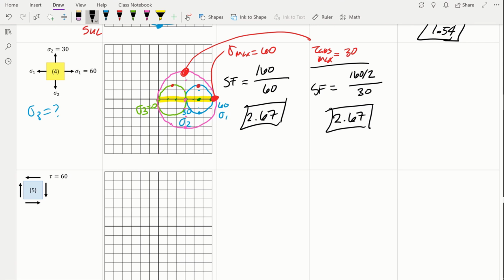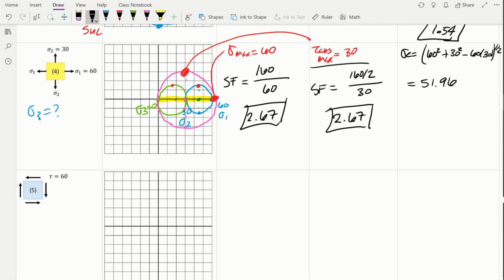Lastly, let's calculate the equivalent stress, right? Remember the equation is sigma 1 squared, so in this case 60 squared, plus sigma 2 squared, which in this case is 30 squared, minus sigma 1 times sigma 2, everything to the 1/2 power. So if I did this one correctly, I'm getting that the equivalent stress is 51.96.